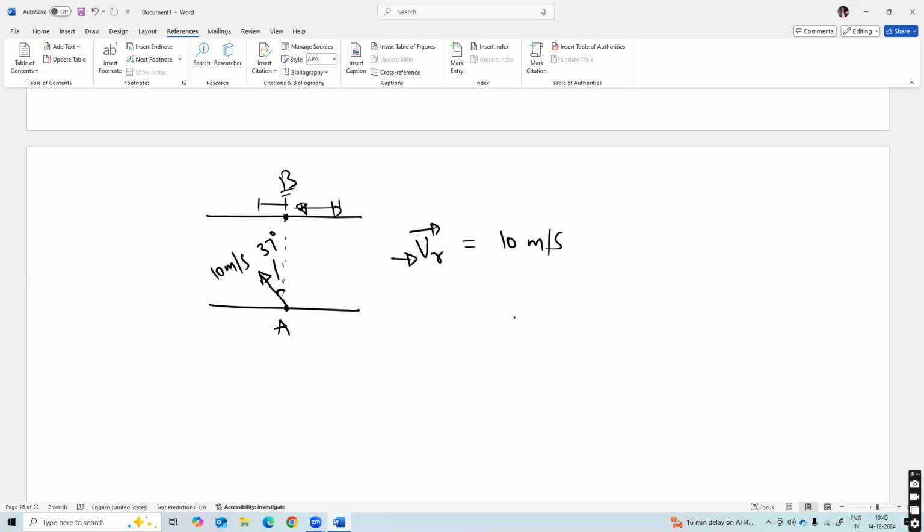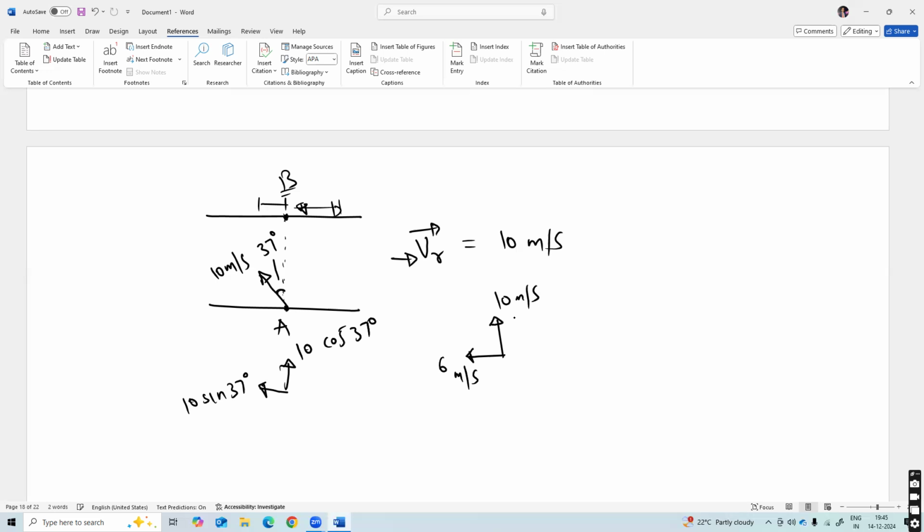So we can divide this velocity into x and y components. Velocity in x direction will be 10 sine 37, and in upward direction it will be 10 cos 37. Sine 37 is 6, so it will be 6 meter per second, and this is 10 meter per second.